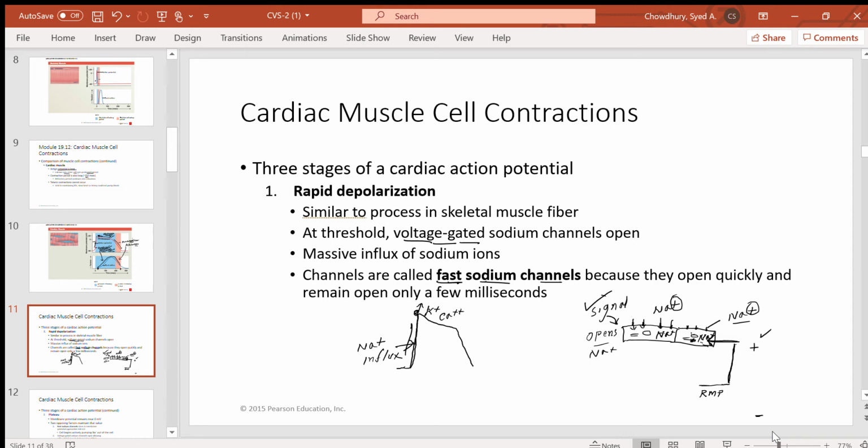So potassium and calcium, let's say these are potassium channels and calcium channels. Potassium positive 2, calcium positive 2.